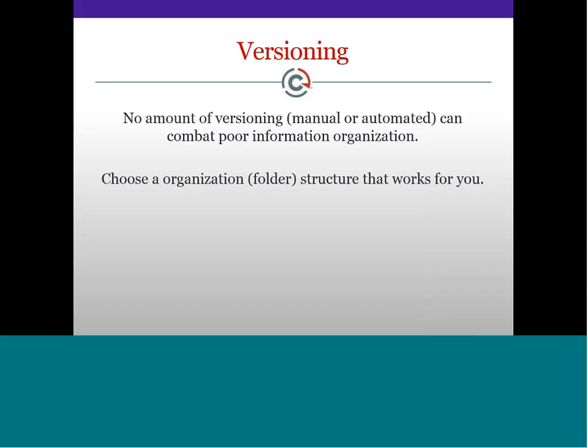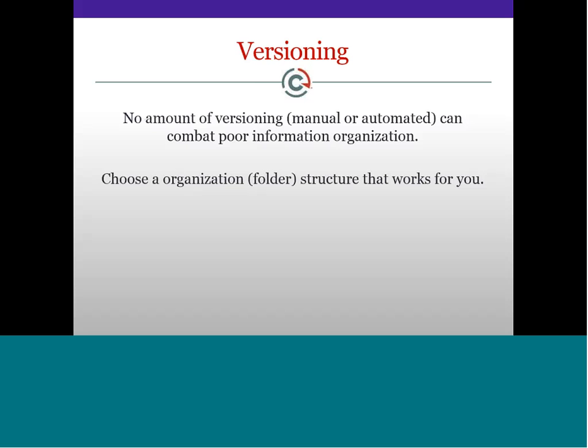All right, so first thing first, no amount of versioning, whatever it is, can combat poor information organization. If you are just going to throw things wherever you wish, no matter what you do with version control, it's not going to help. So the first thing is to choose an organization structure, a folder structure wherever you're storing your information.